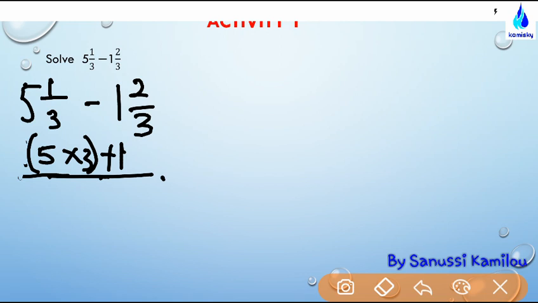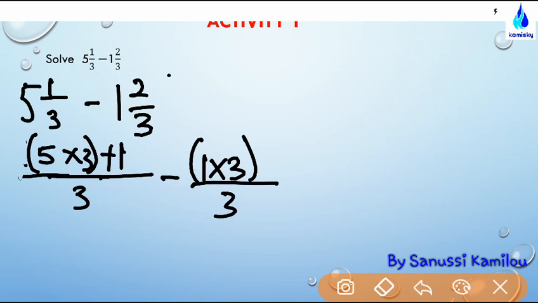Then we'll do the same thing for the other one. We keep the denominator. If I open my brackets, my whole number here is 1 times 3. Is it not so? 3 is the denominator, plus what? 2. Very good.